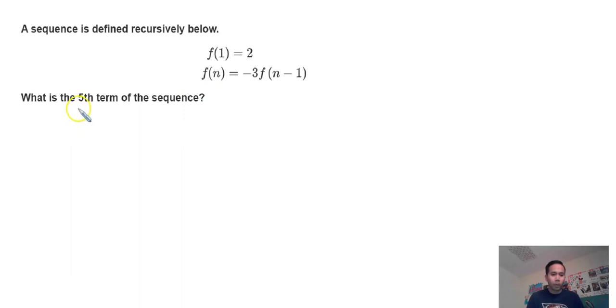What is the problem here? What is the fifth term of the sequence? Based on the definition of recursive function, we need the term prior to the fifth term, which is the fourth term. However, we don't have the fourth term, so we need the third term. So we have to solve the second term, third term, fourth term, and then we can get the fifth term.